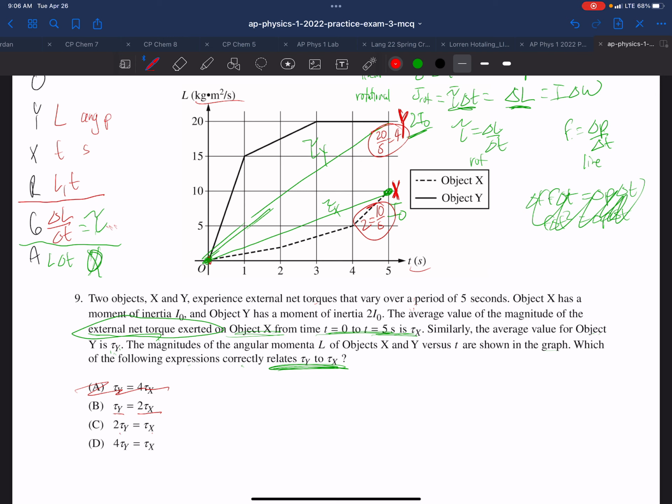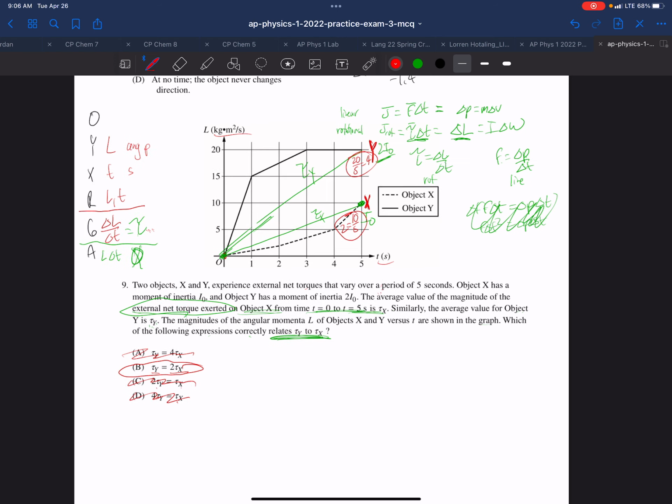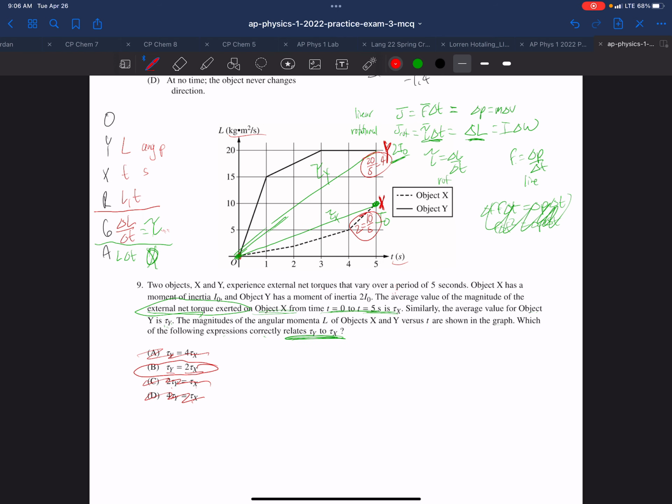X is not 2 times y, and x is not 4 times y. So the torque on y is 2 times x. So this question requires us to really know and understand the relationships and similarities between linear and rotational momentum and torques, and be able to read and interpret those off the graph.